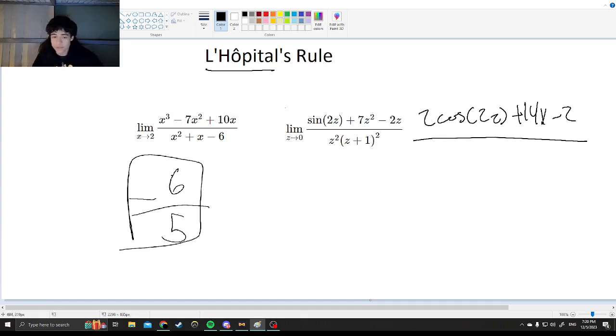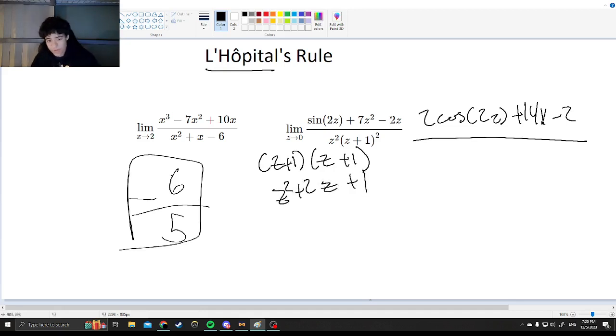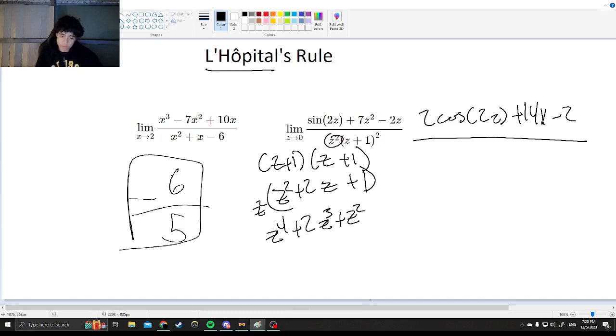I think it's easier to multiply out this z plus 1 squared first and then do it. So if we have z plus 1 times z plus 1, we get z squared plus 2z plus 1. And then we multiply all of this by the z squared up here, and we get z to the 4th plus 2z to the 3rd plus z squared.